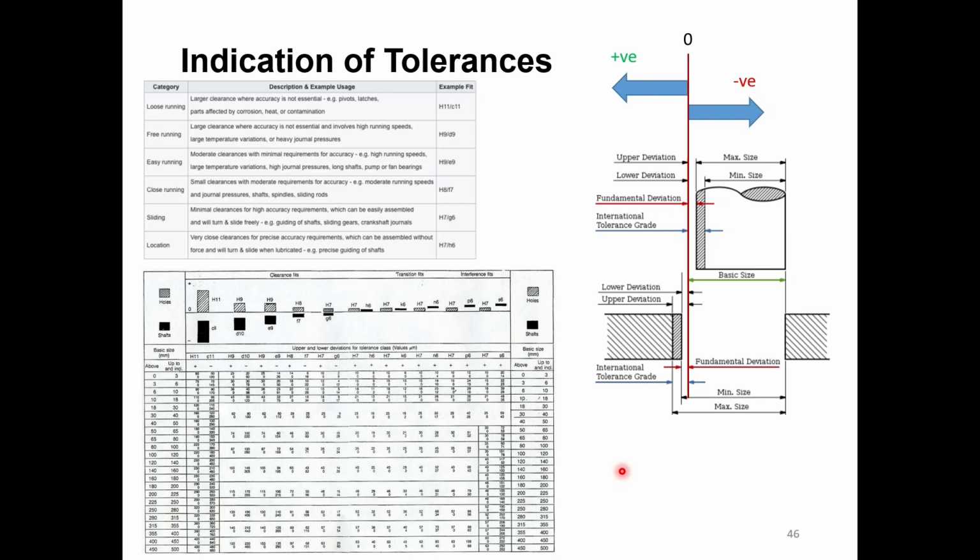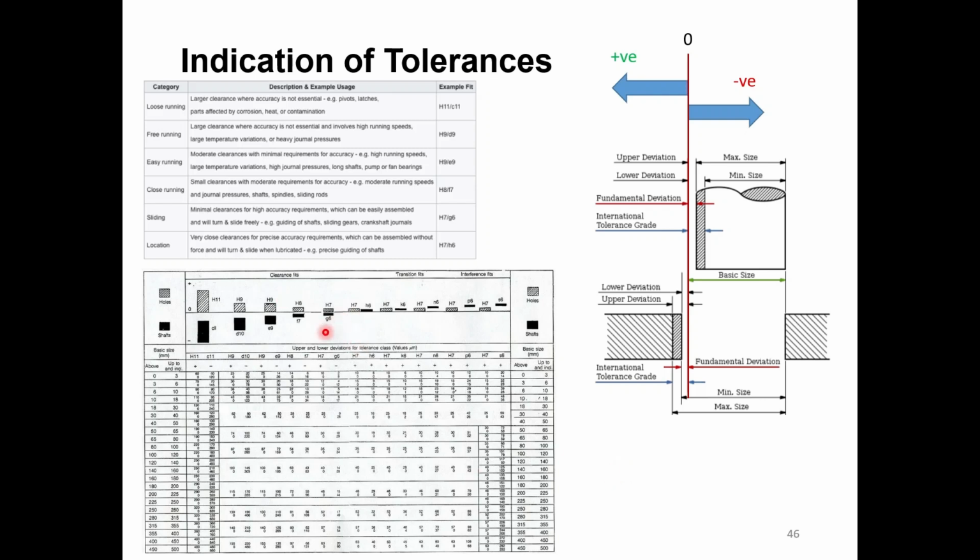You need to read a little bit more about this. You need to just have a look at the numbers and the tables and try to make sense of this, but this is just a basic idea of the clearance fit, transition fit, interference fit, the hole-based system, the shaft-based system, and what you expect when you see these numbers.